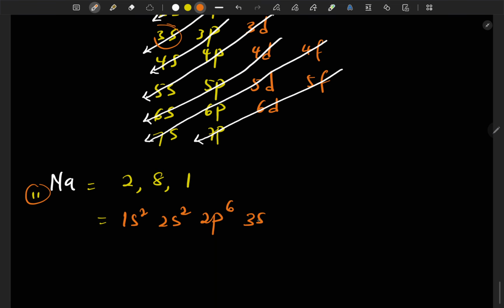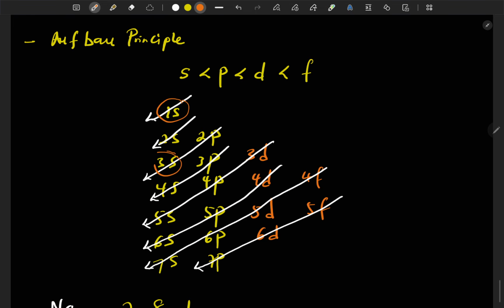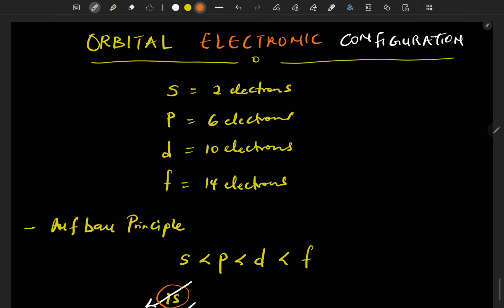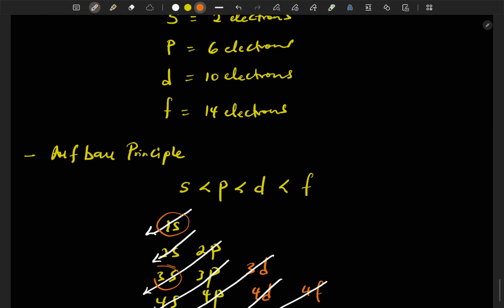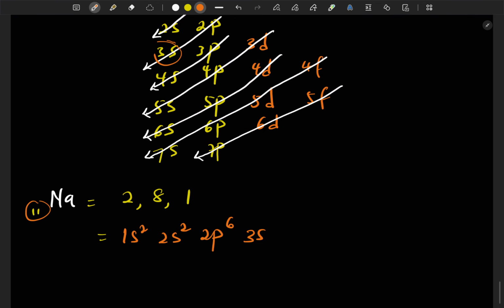Remember, an s orbital can occupy 2 electrons, but because we have just 1 electron left, we put down 1 electron into 3s. So our electronic configuration is 1s2, 2s2, 2p6, 3s1. As simple as that. I believe you got that.